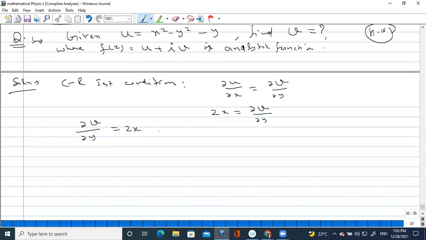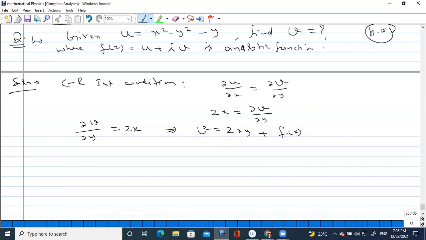In partial differentiation, other than y, x is there, so the function of x you might have taken as constant. So that's why I will add an extra term here. First you integrate it, then v will be 2xy plus what I need to add? f(x). Some students are adding f(y) here. If there is any confusion, please tell me.